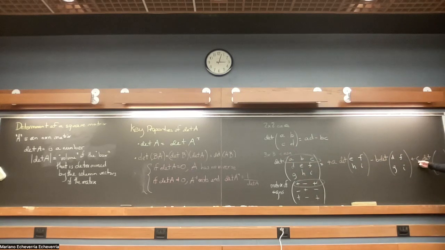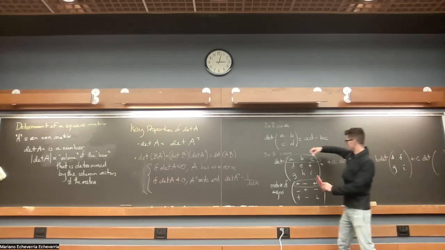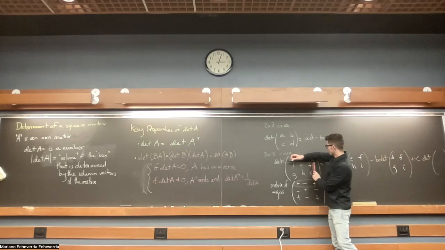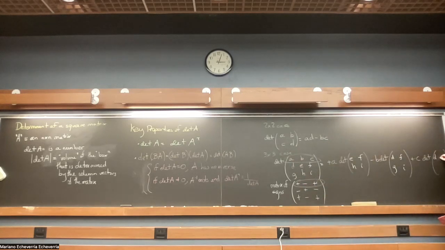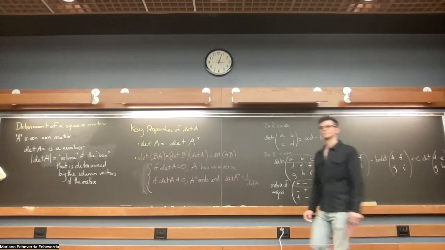And for C, you delete row 1, column 3, and you see again a 2x2 matrix, and you put D, E, G, H. That makes sense.